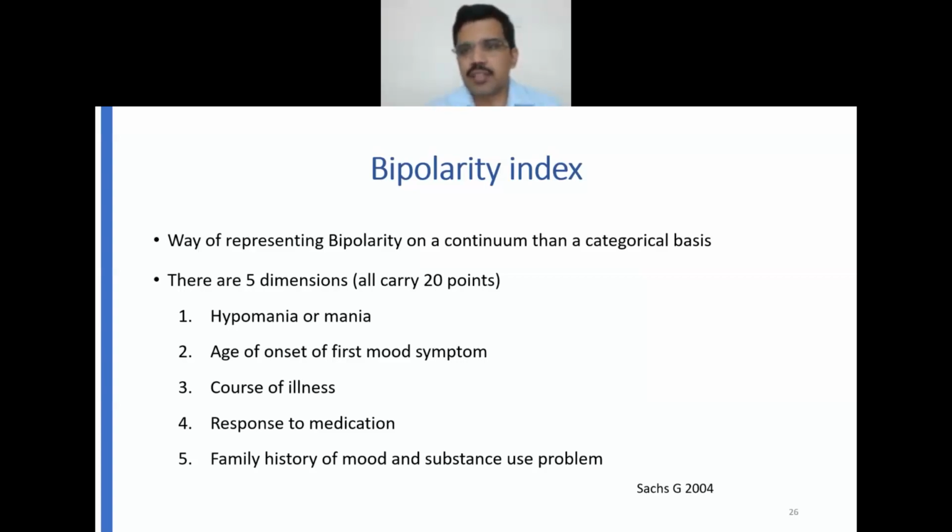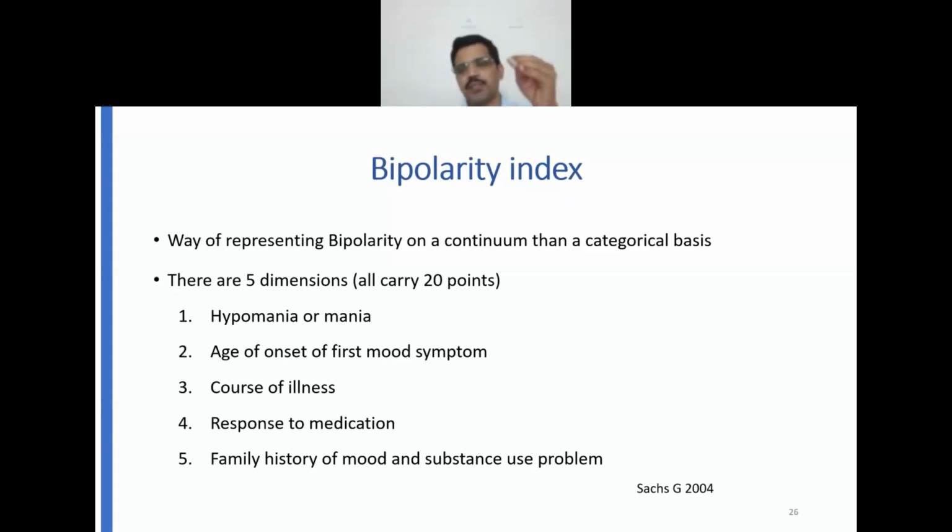This is something similar to what we have spoken, something that is called a bipolarity index, where we try to look across 5 domains or 5 dimensions. Basically, we try to assess the kind of episodes the person had over the entire life course.